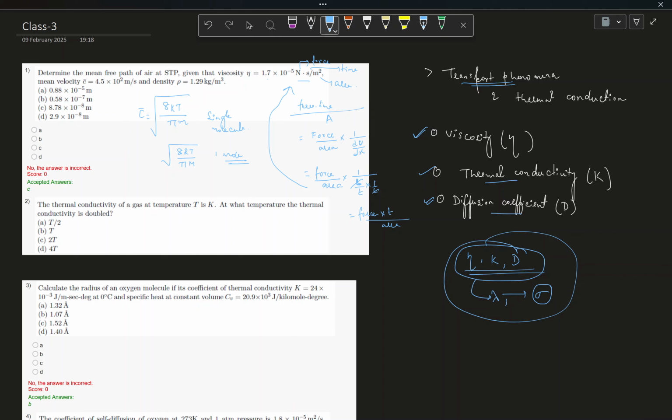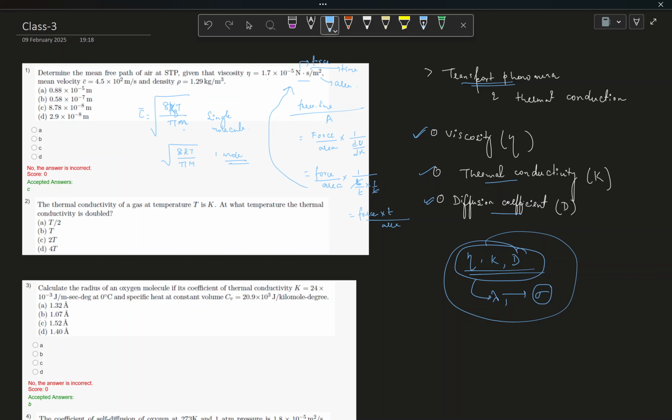So for a single molecule, small m is the mass of a single molecule only, and therefore you have this K, which is not thermal conductivity K, do not confuse with that. Because this time we have K already assigned to thermal conductivity, all the time I will use the term Kb for the Boltzmann constant instead of K. Sometimes I may also write Kb as K, so please understand that Boltzmann constant is different and thermal conductivity is different.